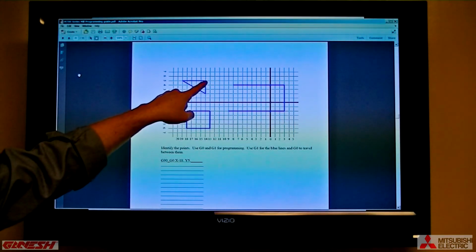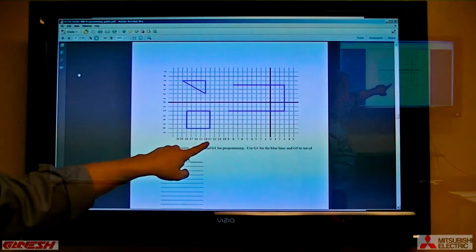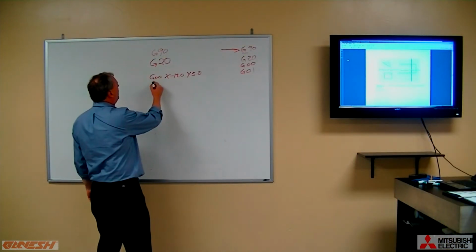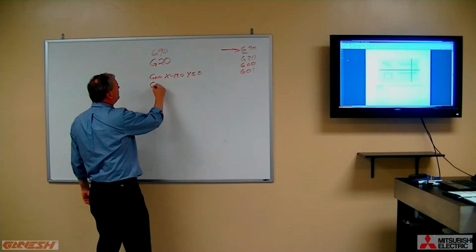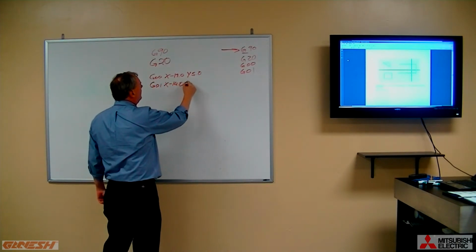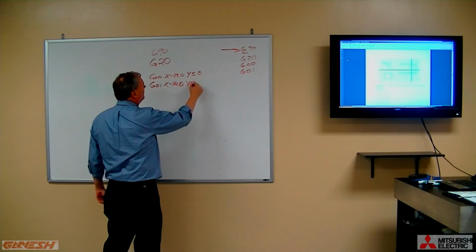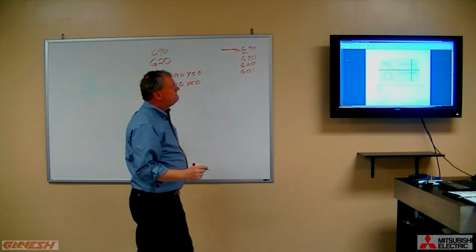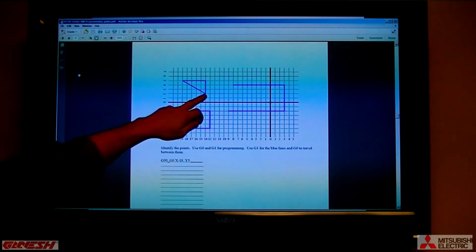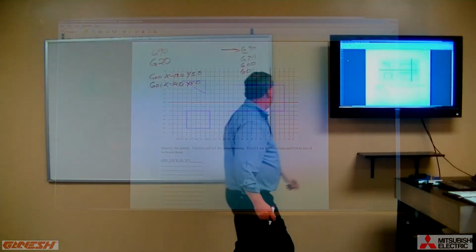So now I'll move to that point, which is x minus 14 and y 5. But we want to go at a feed rate, so we say G01, x minus 14, and it's still at y 5.0. And now we're going to move down to x minus 14, y positive 2.0.